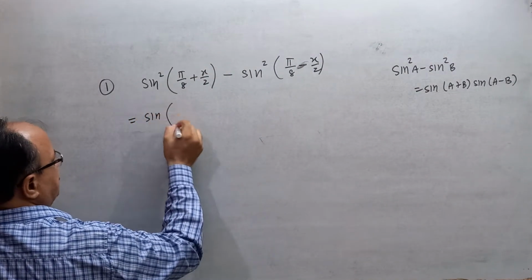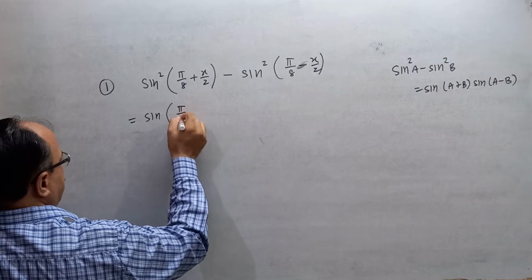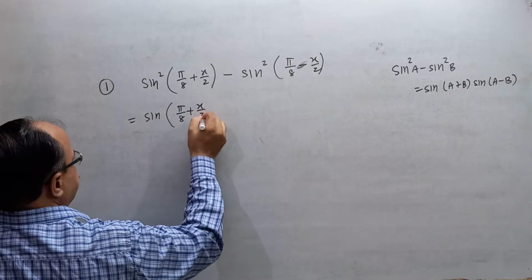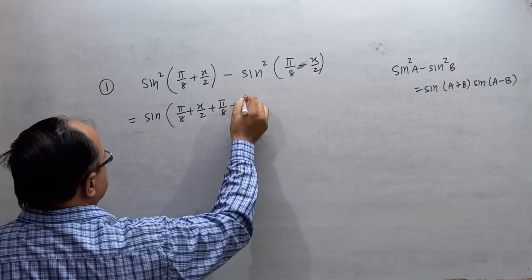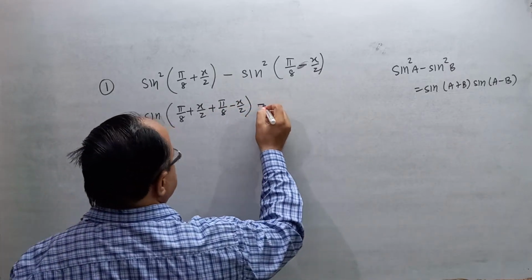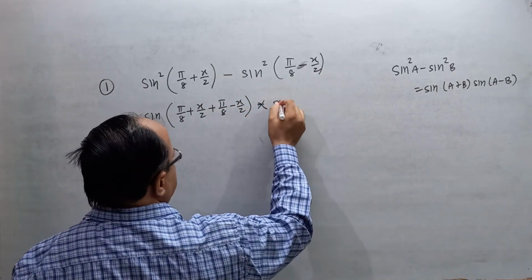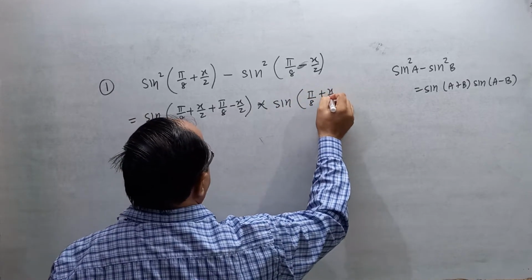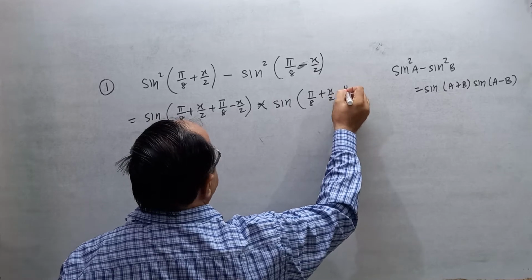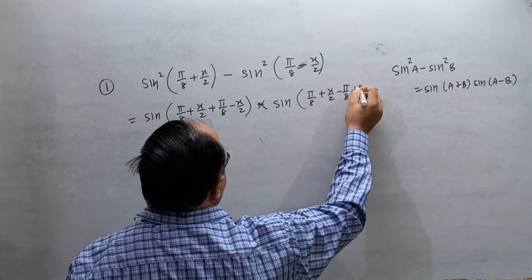Sine (A plus B), that is pi by 8 plus x by 2 plus pi by 8 minus x by 2, into sine (A minus B), that is pi by 8 plus x by 2 minus pi by 8 plus x by 2.